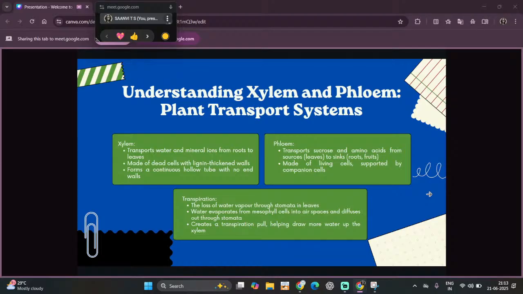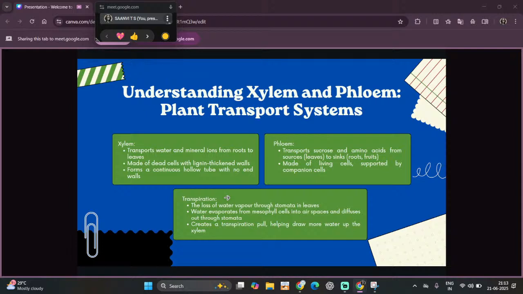Now, in plants, there is one important concept about transpiration. So, transpiration can be defined as the loss of water vapor from a plant. So, we may remember there are openings on the surface of the leaf called stomata, and these are more on the underside of the leaf in the lower epidermis.